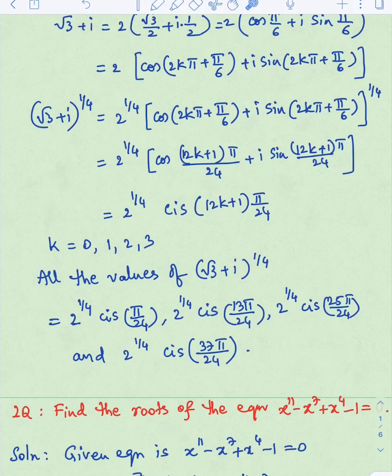That's why 1 pi by 24. When you put 1, it will become what? 12 ones are 12 plus 1, 13 pi by 24. When you put 2, 12 2s are 24 plus 1, 25 pi by 24. When you put 3, 12 3s are 36 plus 1, 37 pi by 24.